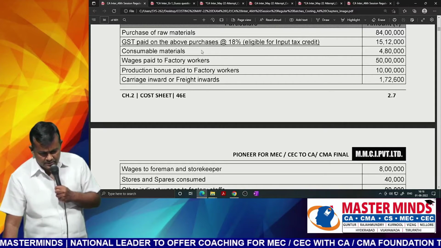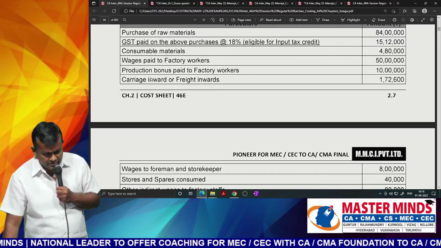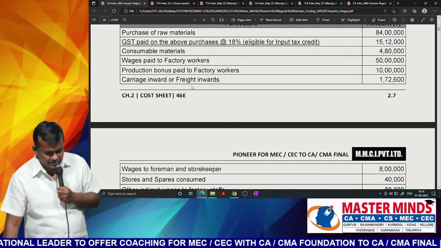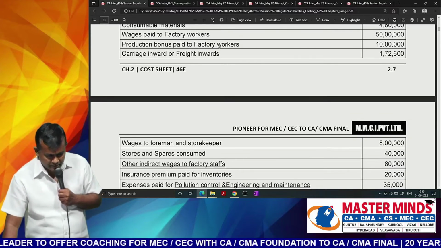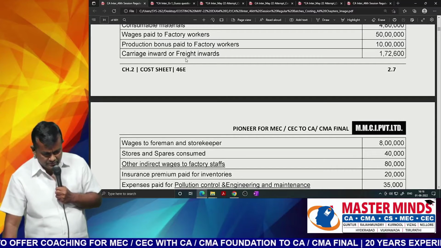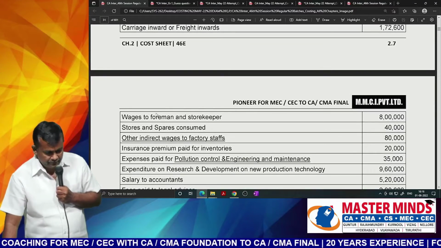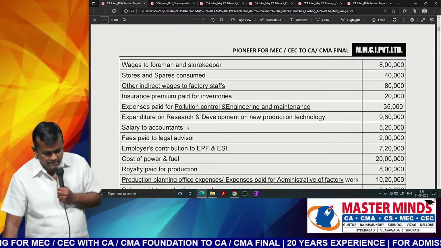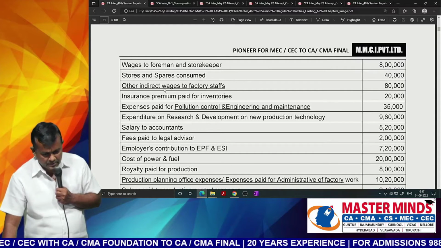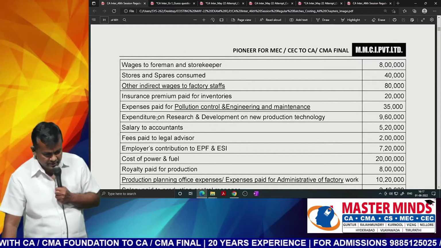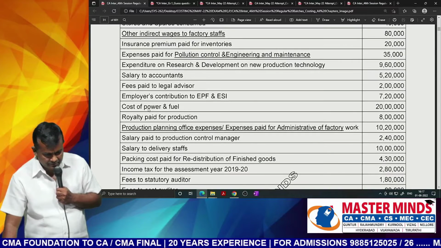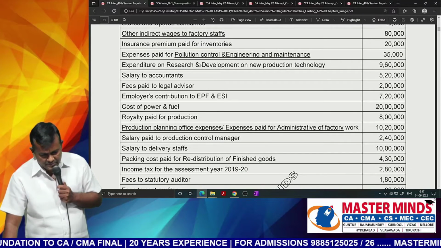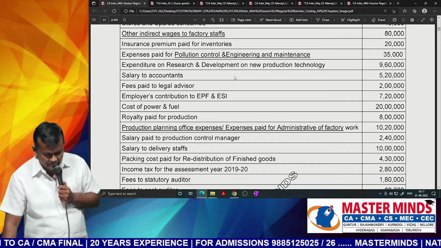So GST not given in the examination. Consumable materials, wages paid to factory workers. Production bonus paid to factory workers. Carriage inward or freight inward. Wages to foreman and storekeeper. Stores and spares consumed. So other indirect wages to factory staff. Insurance premium paid for inventories. So expenses paid for pollution control and engineering and maintenance.